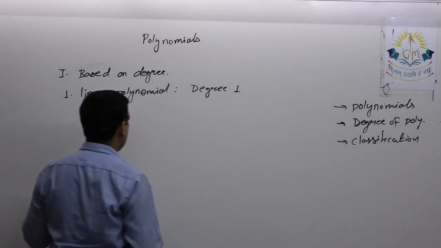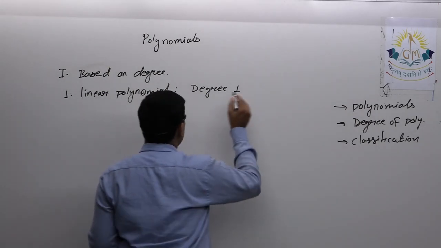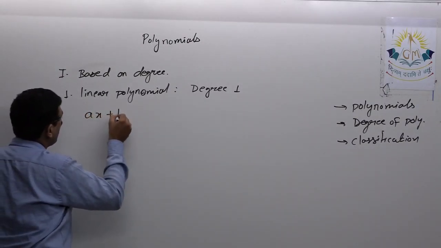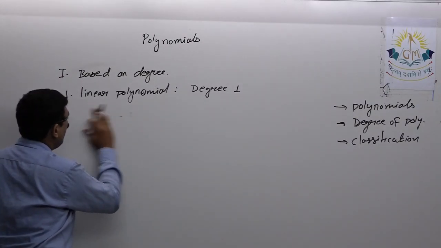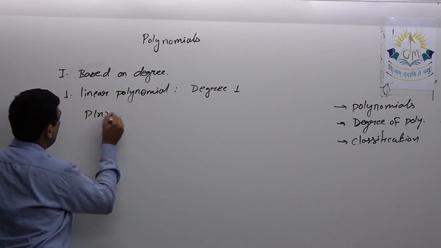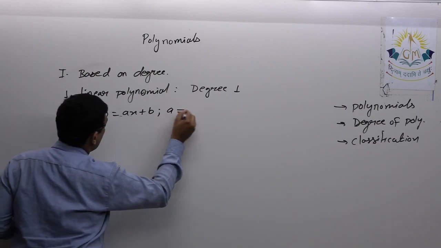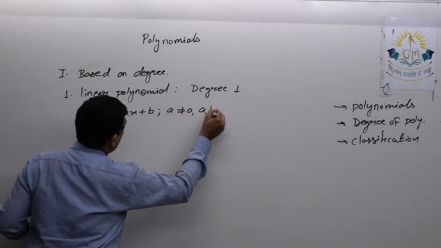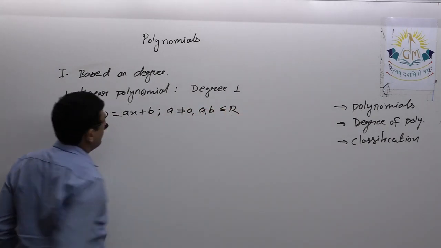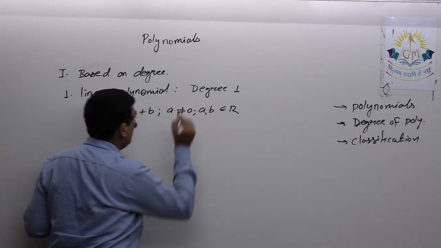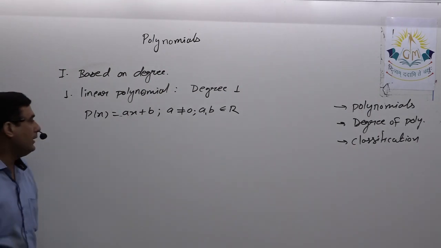The standard form of a linear polynomial is ax plus b, or better to write p(x) = ax + b, where a is not equal to 0, and a, b belong to real numbers.